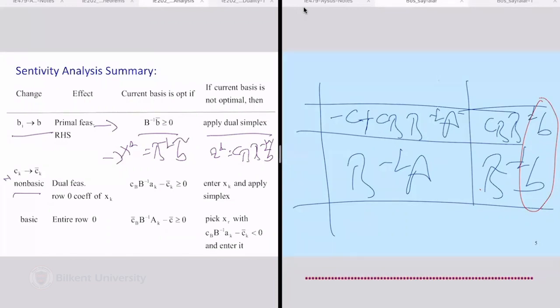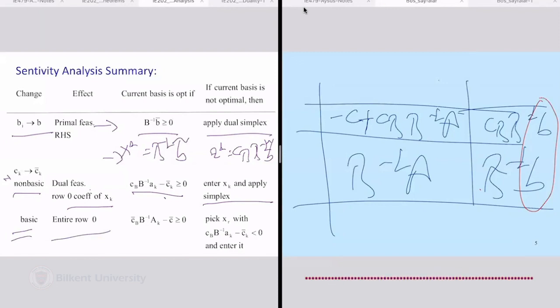Yeah? So we may be losing dual feasibility because of the row 0 coefficient of this change. The current basis remains optimal if this is true. If not, xk will enter via standard simplex. For a basic variable, all of row 0 is changing.